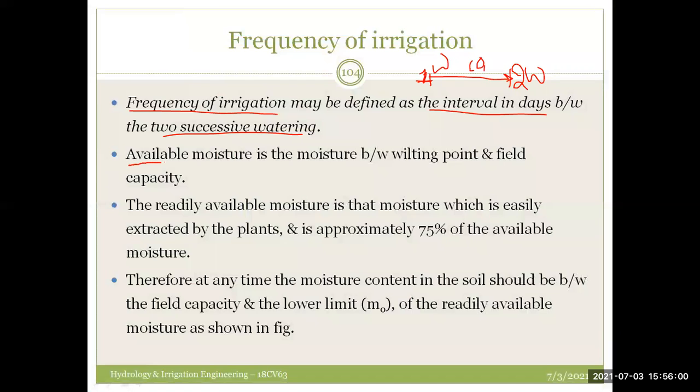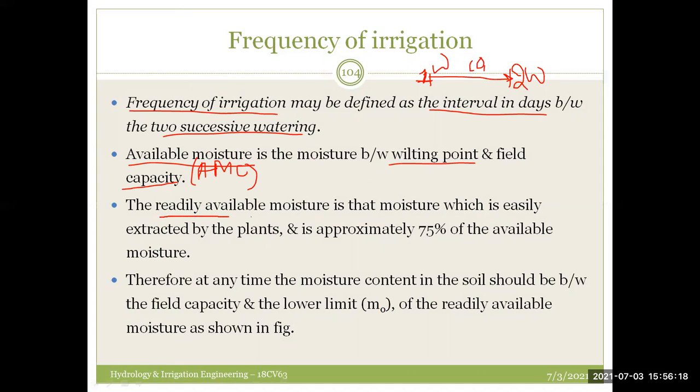And here the available moisture means the moisture between the wilting point and the field capacity. I'll show you a figure next, then you can understand what available moisture content is. That is nothing but AMC, the available moisture content.